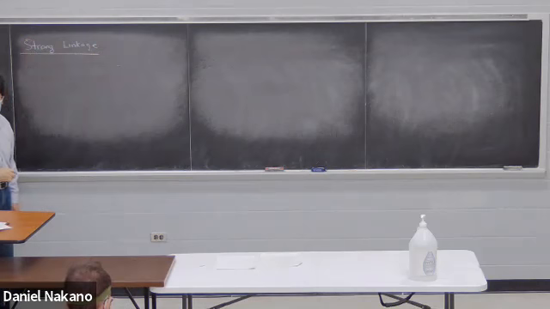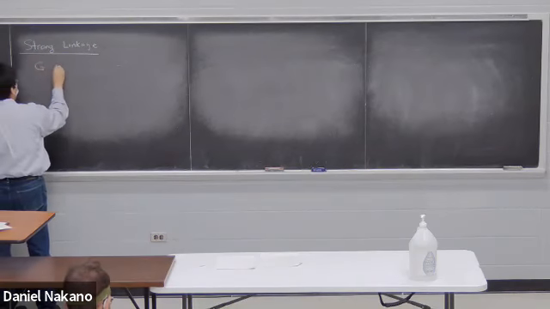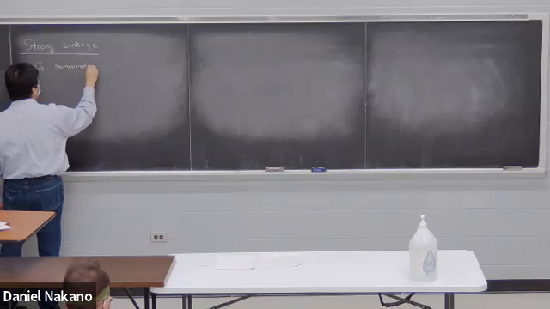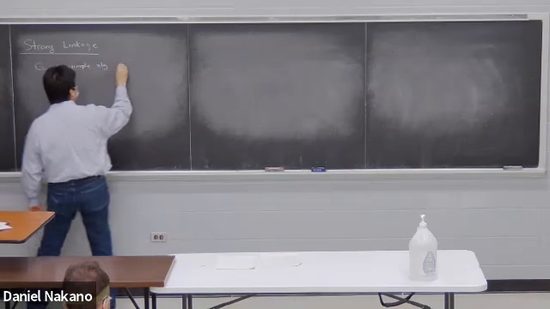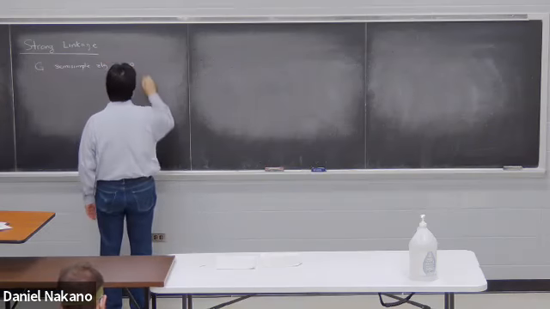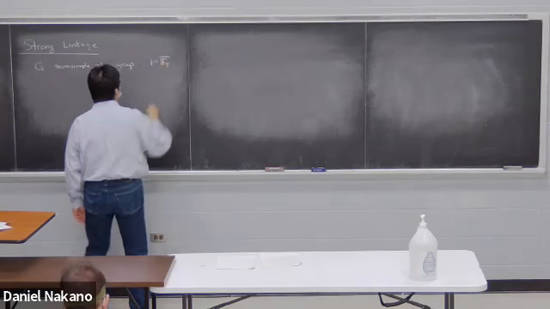All right, so there are certain players going on here. So G is a semi-simple algebraic group. And K is an algebraically closed field of characteristic p.